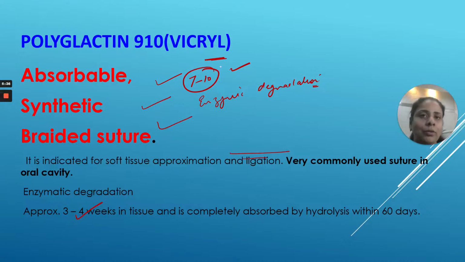So you have to tell your patients, if you are using Vicryl, that it is not going to get resorbed within 7 to 10 days, it gets loosened up within 3 to 4 weeks, and gets fully resorbed within 60 days. I usually recall my patients after 10 or 12 days and remove the sutures myself if I'm using Vicryl sutures in the mouth. So you have to convey this to the patient.